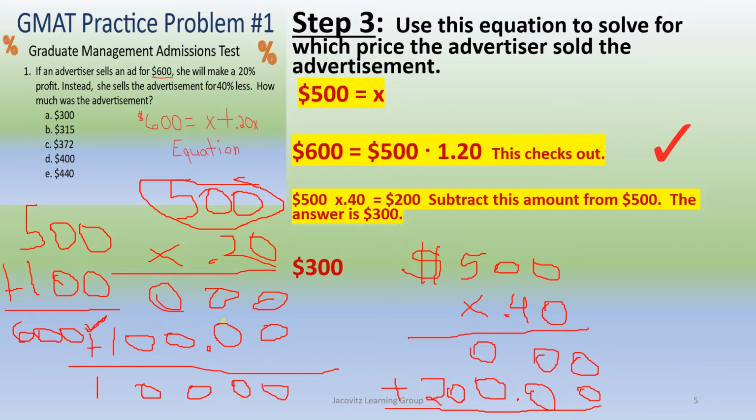Now here's the situation. You don't have 200 as a choice, and in this case, that's very fortunate because a lot of times as a distractor, 200 would be put here. But here's what you have to do with this equation. Since you had 200, you had to subtract this 200 from 500.